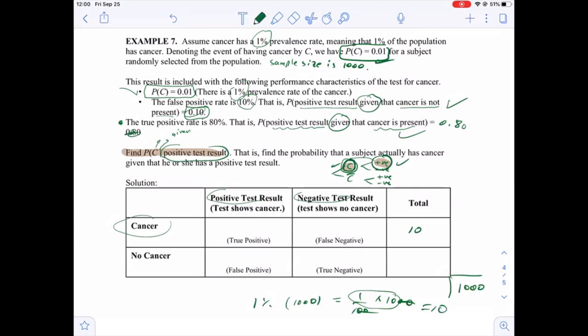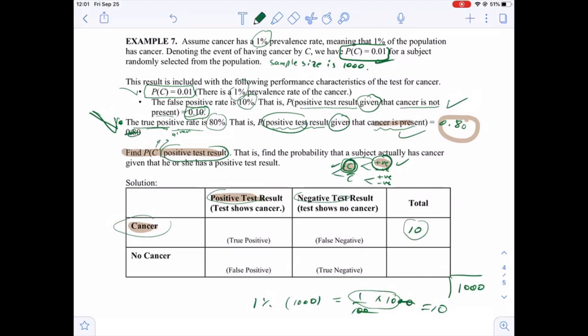Now for positive result, we are given some probability. If we read here, the true positive rate is 80%. That means probability of positive result given that cancer is present is 80%. 80% of whom? The total population or the sample, or just the 10 people who have cancer?